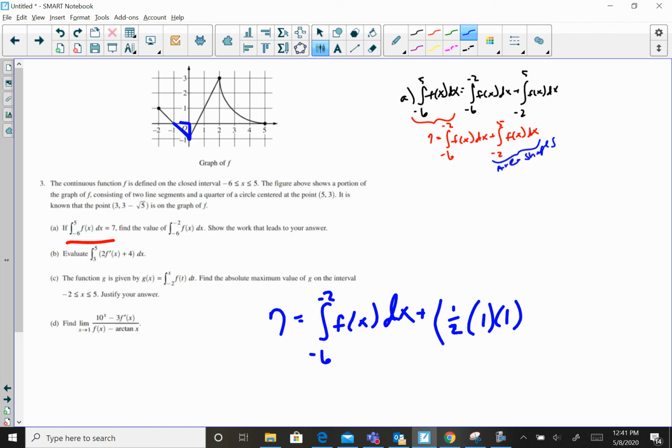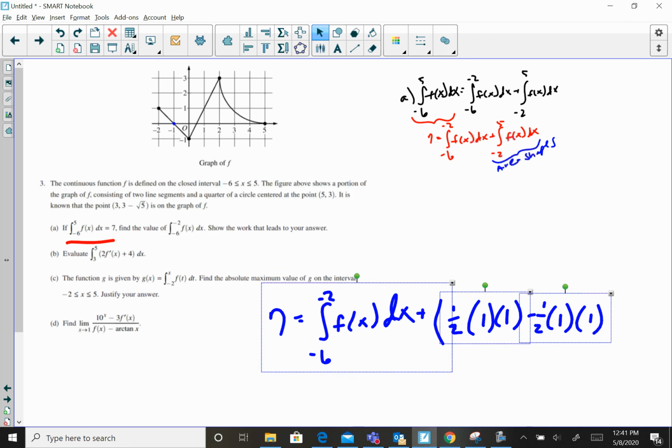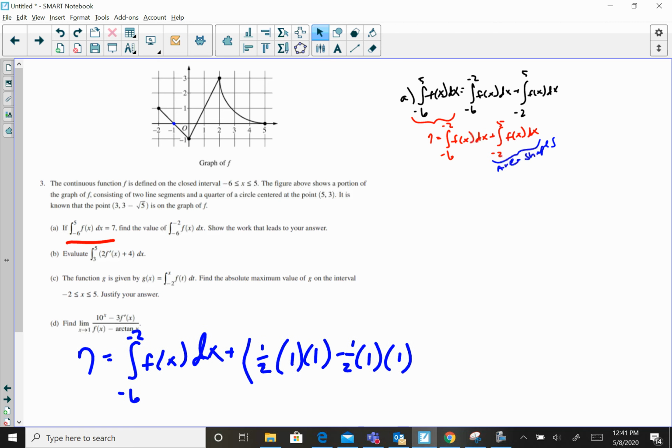So now I'm going to do this portion. That's underneath, so I'm going to minus 1/2 base of 1, height of 1. Okay, that's those.